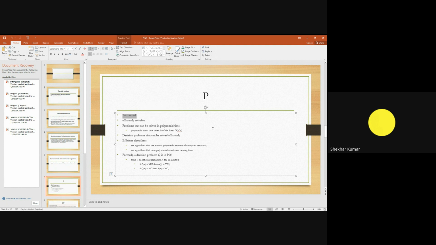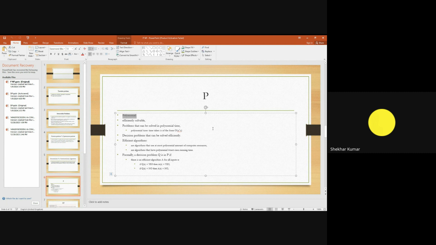What are decision problems? Decision problems are those in which you can verify whether the answer is yes or no. So P is a class of computation problems that are solvable and tractable.